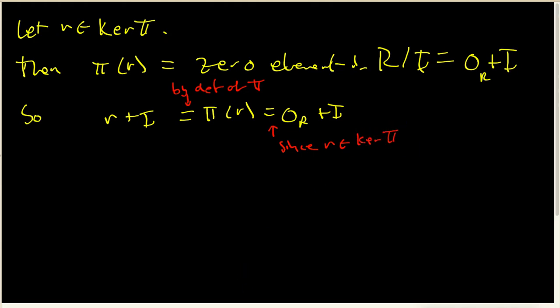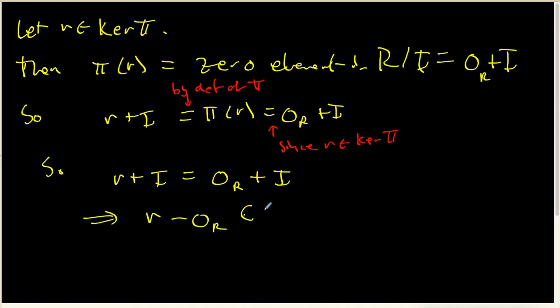But we now have a nice equation that we can work with. r plus I is indeed equal to 0 plus I, but that says r minus the 0 element has to belong to I, because that's the only way two cosets can be equal to each other.